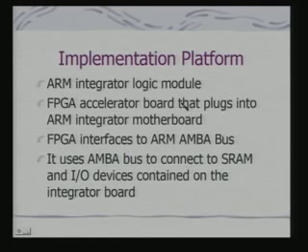So how do you go for such an accelerated implementation? We can look at a possible implementation platform, just one example platform which is actually available commercially. In fact, this comes from ARM manufacturers: the ARM integrator logic module.